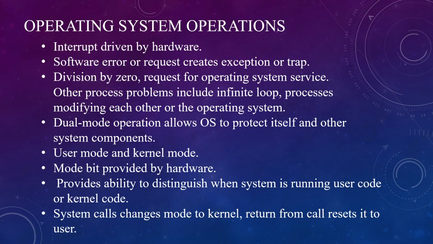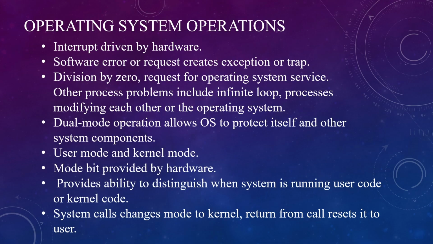In user mode, applications and user level programs run. In kernel mode, core parts of the operating system run. The hardware helps by ensuring that certain instructions can only be executed in kernel mode, protecting the system from malicious or accidental damage. Switching mode is also there.